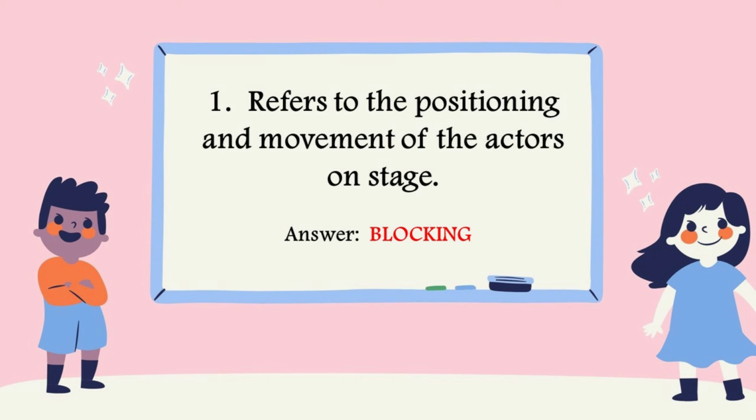Are you done, grade 6? Now, let's check your answers. For number 1, refers to the positioning and movement of actors on stage. The answer is letter B, blocking.